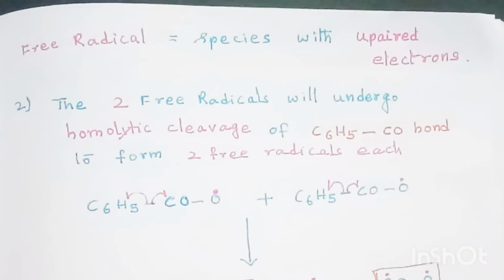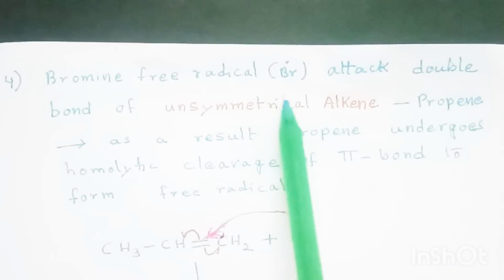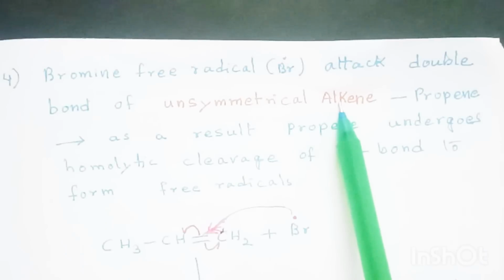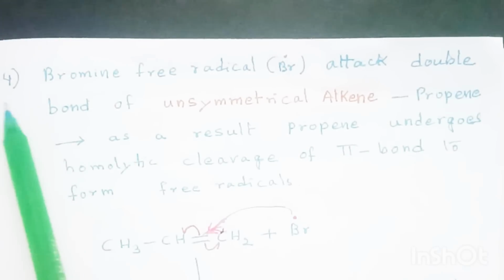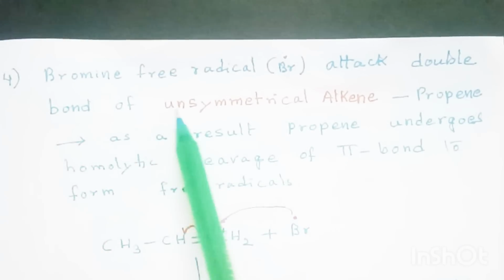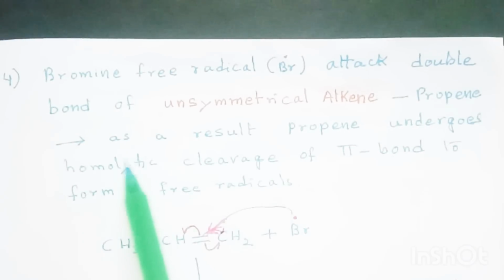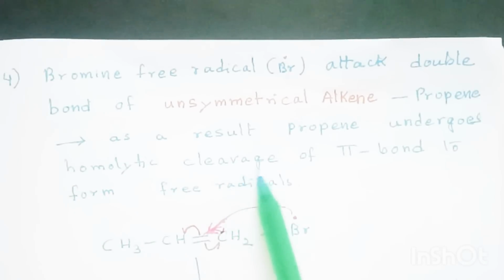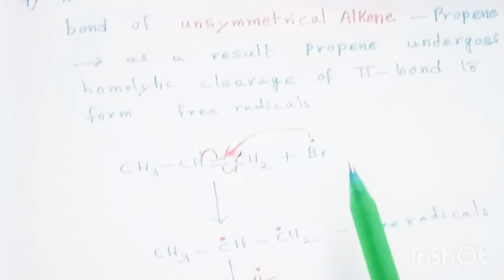Now in the next step, this bromine free radical attacks double bond of unsymmetrical alkene, that is propene. So only in the fourth step the unsymmetrical alkene is attacked. As a result, propene undergoes homolytic cleavage of pi bond to form free radicals.